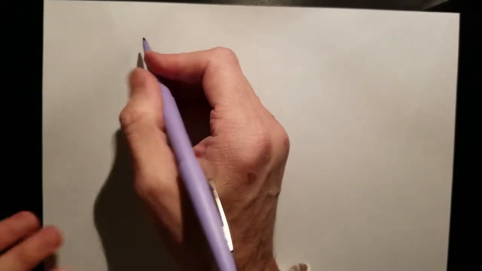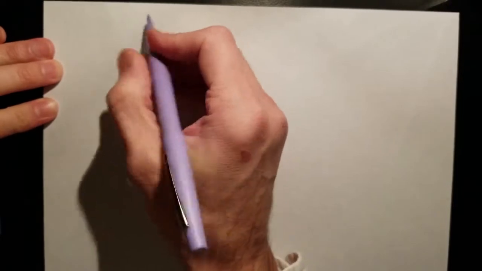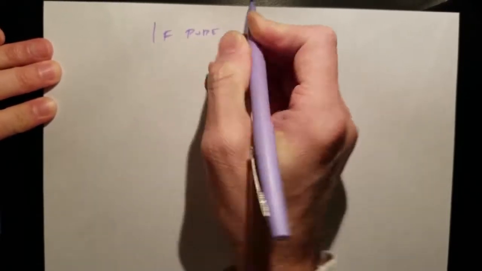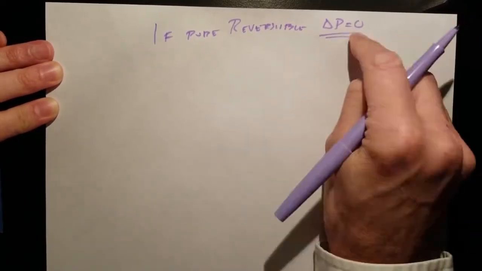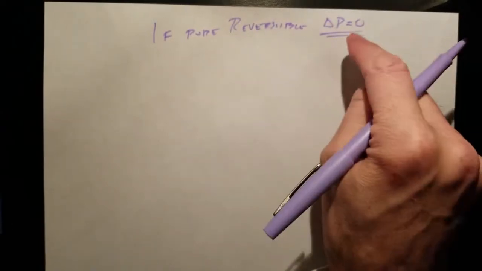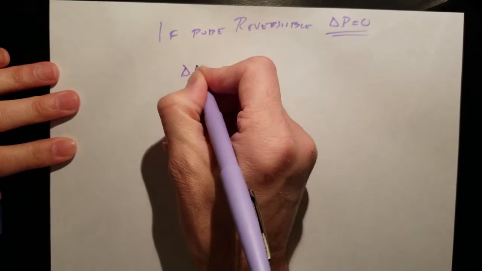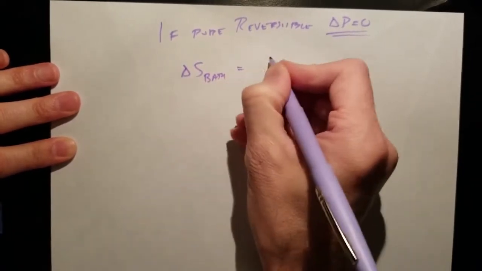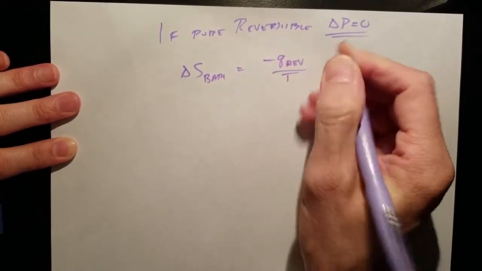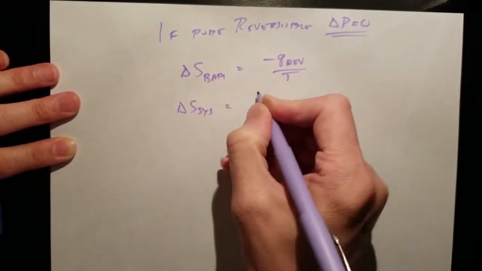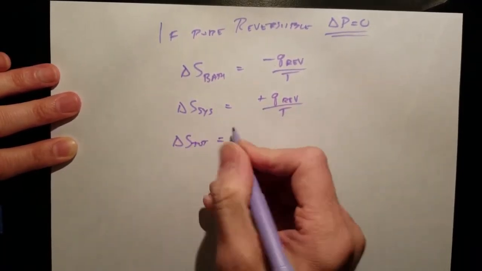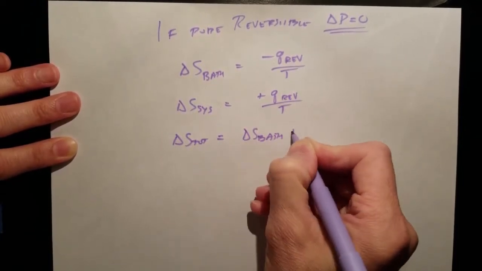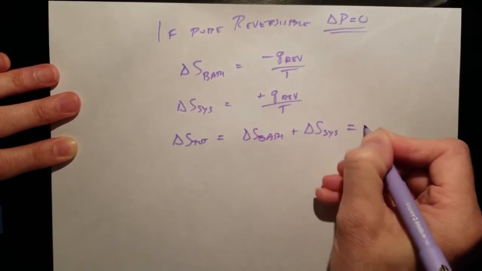So to put this in terms of entropy, if pure reversible, meaning delta P is equal to 0, we're not applying any pressure to the piston, then delta S bath is equal to negative Q reversible over T. The system is equal to plus Q rev over T, and delta S total is equal to delta S bath plus delta S system is equal to 0.